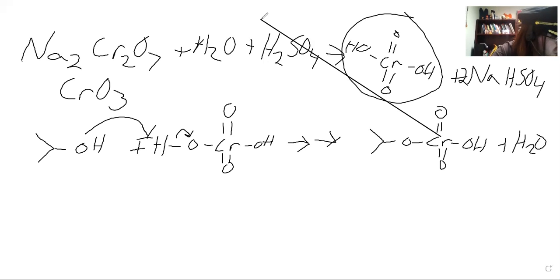Then from there, this hydrogen here becomes incredibly acidic because it's very positive, while we have all this electron density pulling this way, and so water can then attack here.